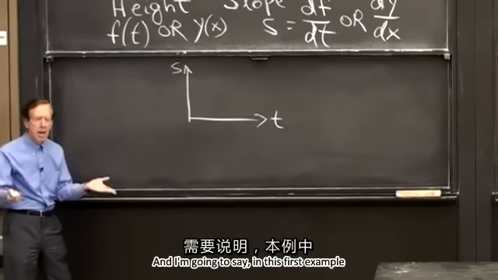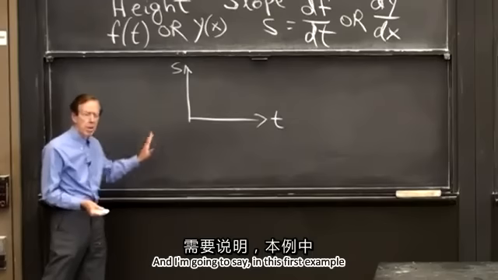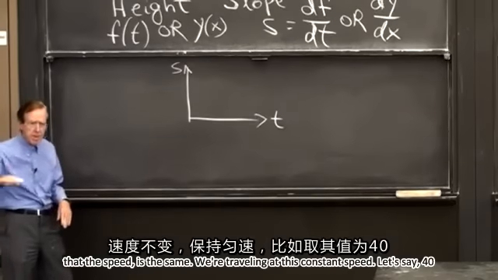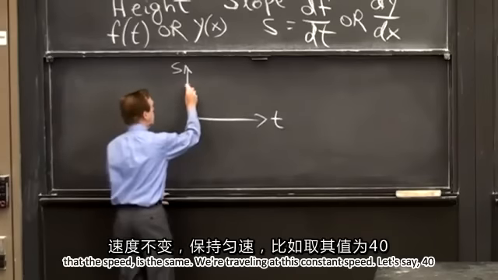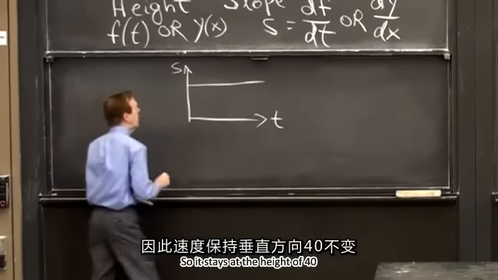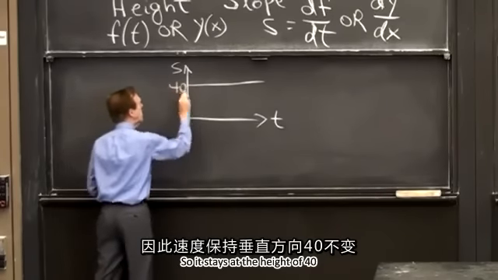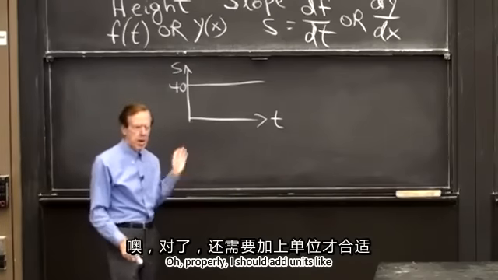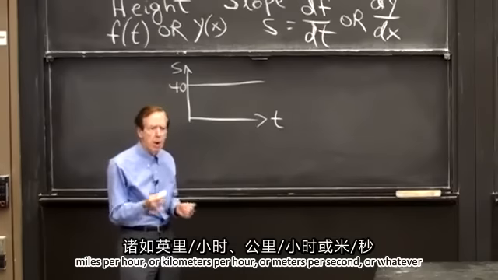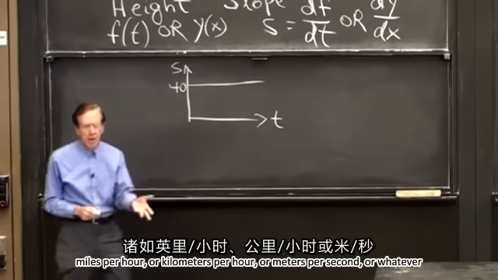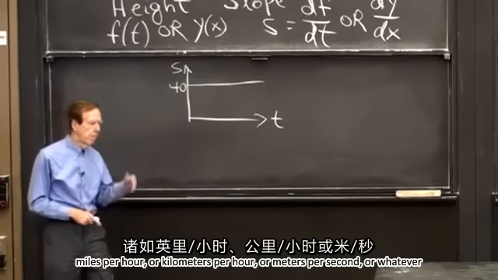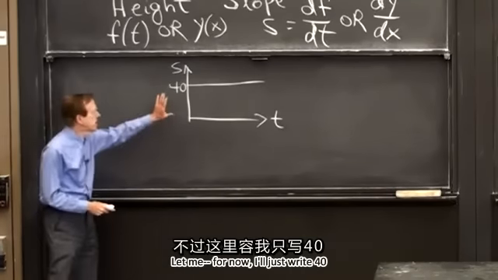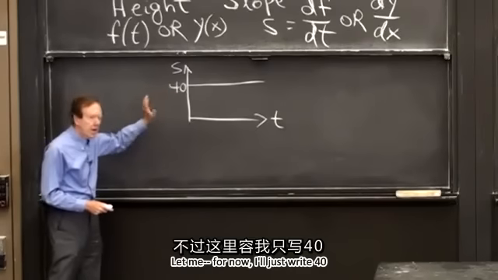And I'm going to say, in this first example, that the speed is the same. We're traveling at this constant speed of, let's say, 40. So it stays at the height of 40. Oh, I should add units like miles per hour or kilometers per hour or meters per second or whatever. For now I'll just write 40.